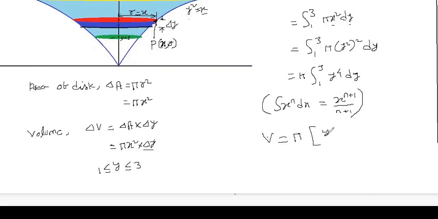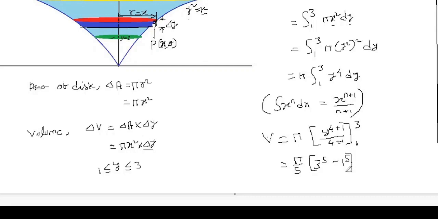So it gives you y to the power 4 plus 1 divided by 4 plus 1, varying from 1 to 3. So simply we have to calculate it further. 4 plus 1 gives you 5. So we will have pi by 5, and if you put in the values of the upper and lower limit, it gives you 3 to the power 5 minus 1 to the power 5.